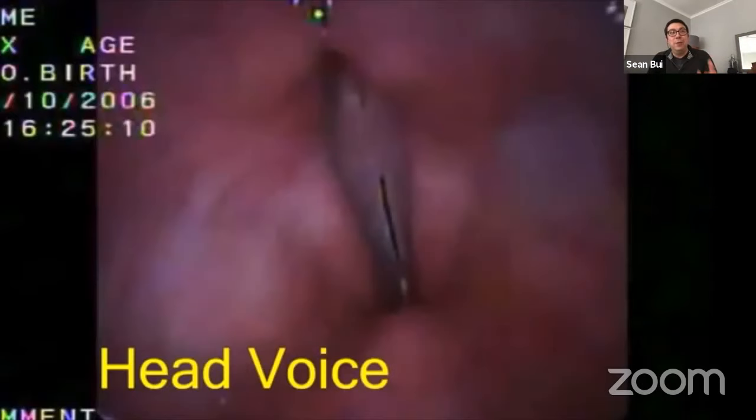Without doing that, sometimes it's very hard to tell, especially with very good tenors in the barbershop world, whether it's falsetto or whether they're actually using head voice and the folds are fully meeting.